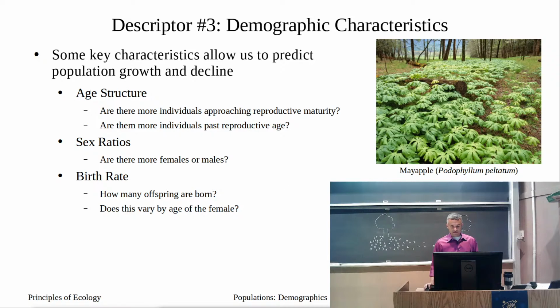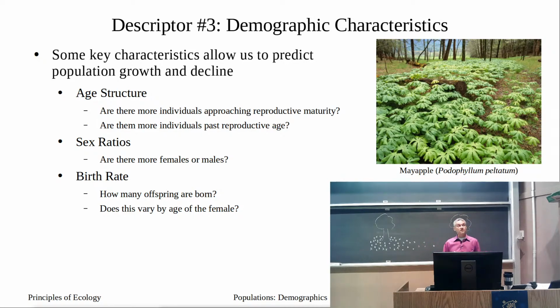Well, you can think about it in terms of how many individuals are before reproductive age and how many individuals are past reproductive age. So if our population is composed of a lot of individuals that are going to be reaching reproductive maturity, that suggests we're probably going to see some population growth.